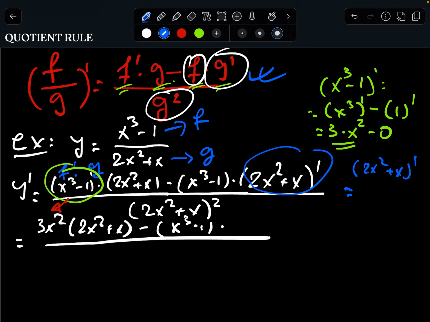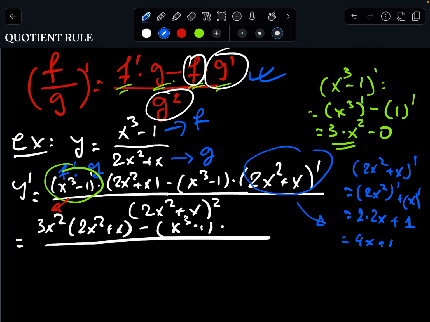Again, here I have the derivative of a sum, which is the sum of the derivatives, 2x squared prime plus x prime, which is equal to 2 times 2x, I use the exponent rule, plus the derivative of x is just 1, so that simplifies to 4x plus 1.